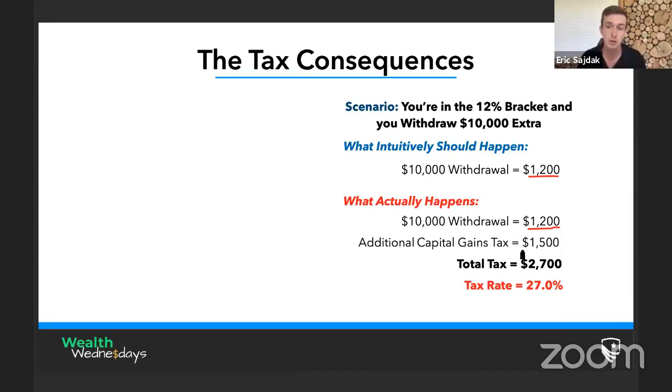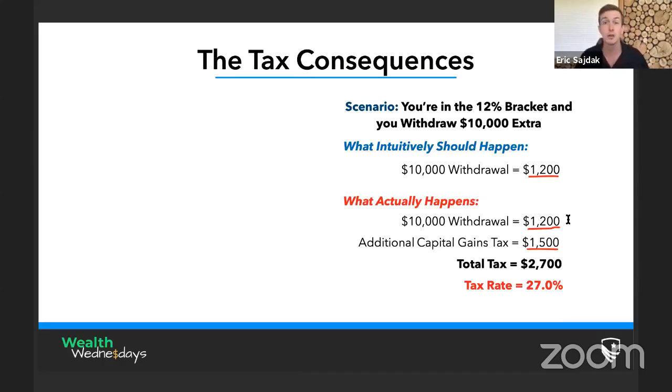So we have to also factor that in. They had $10,000 of long-term capital gains taxed at 15%, which is $1,500. And so their marginal rate on taking that extra $10,000 was actually 27%. They think it's 12%, but it's actually 27%, because of this overflowing problem that moved the long-term capital gains into being taxed.